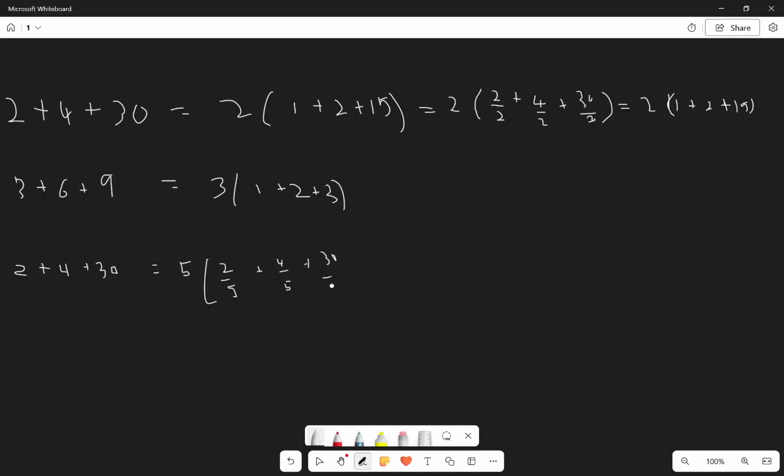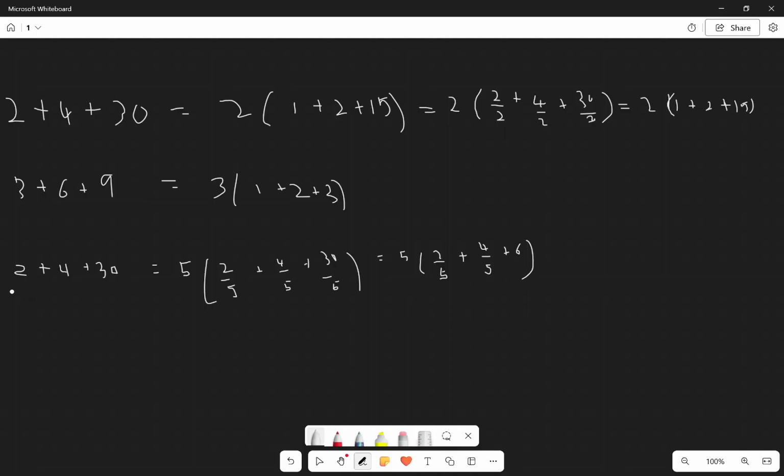You can simplify 30 divided by 5 to 6. So it's going to be 2 divided by 5 plus 4 divided by 5 plus 6.